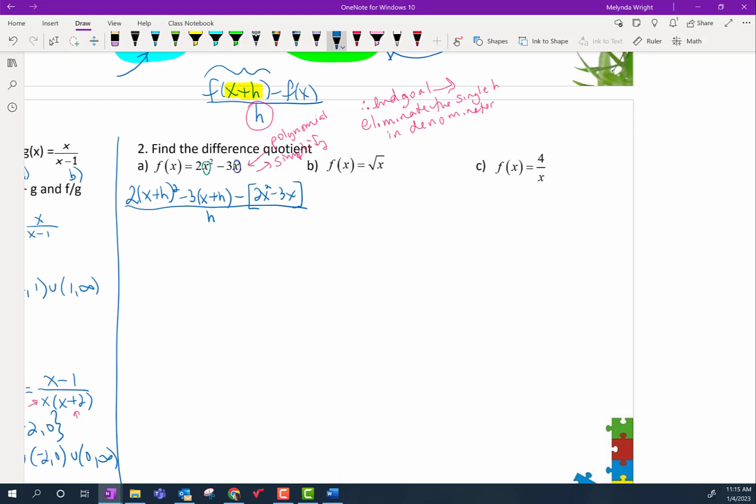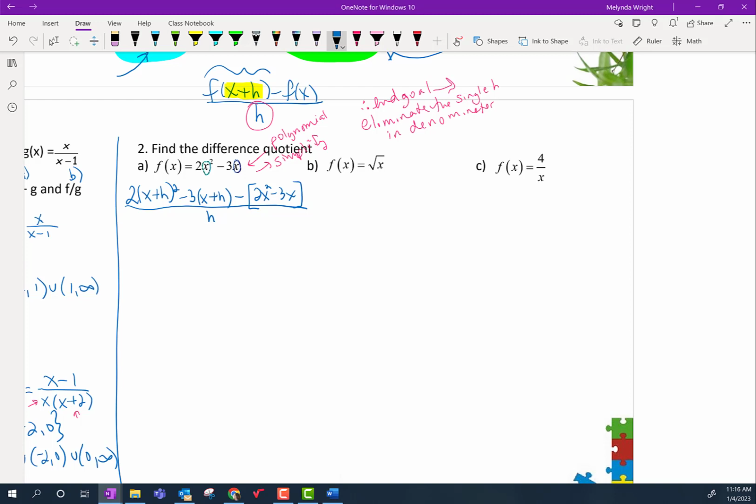I'm going to pause here for a second. All I have done is use the formula. I've taken that function and applied the formula to it. Any questions so far? Why do you just have the 2x squared minus 3x at the end?